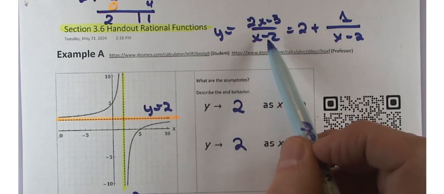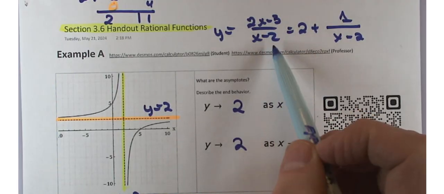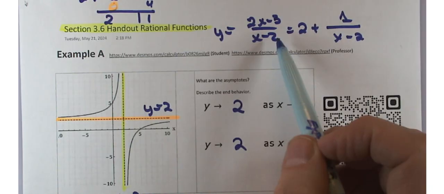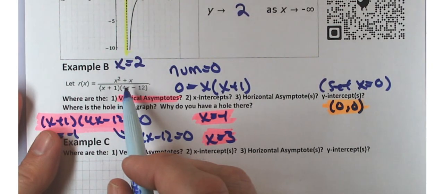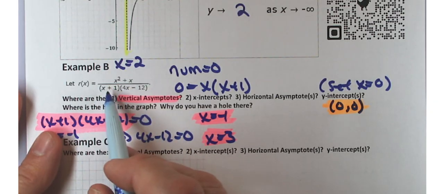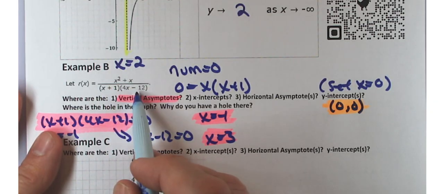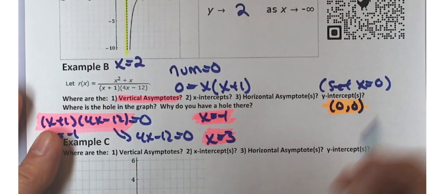Something doesn't quite look right. If I put in a 0 for x, I'll end up with 3/2. Here, when I plug in a 0, I get 0 squared plus 0 divided by 1 times negative 12. 0 over negative 12, that's my y-intercept.